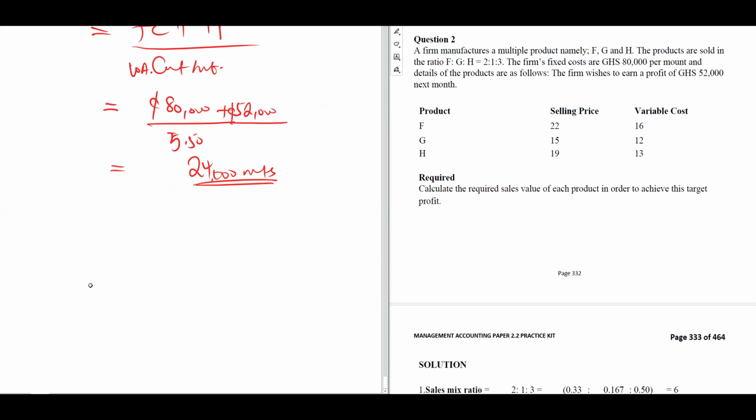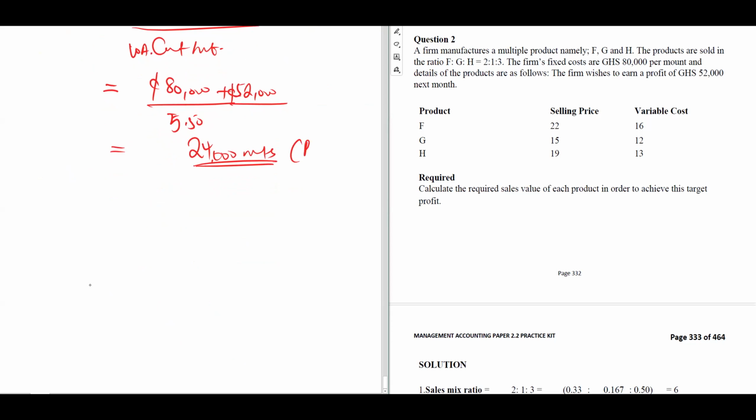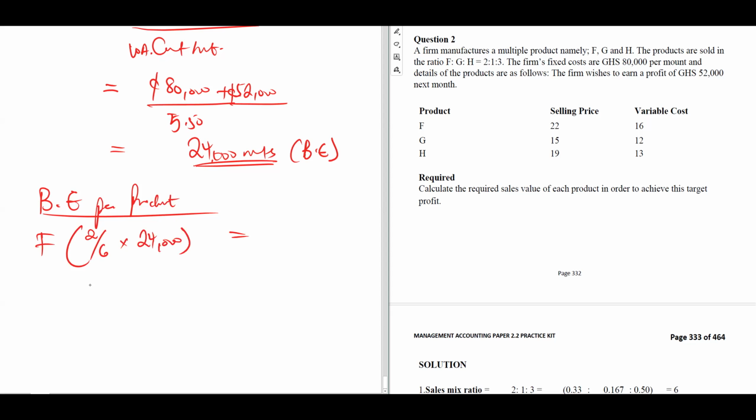So these units, we can now split them, right? So break even per product. Let's go and get it per product. We know that for product F, it was 2 out of 6. We split the 24,000 to see how many units we need.